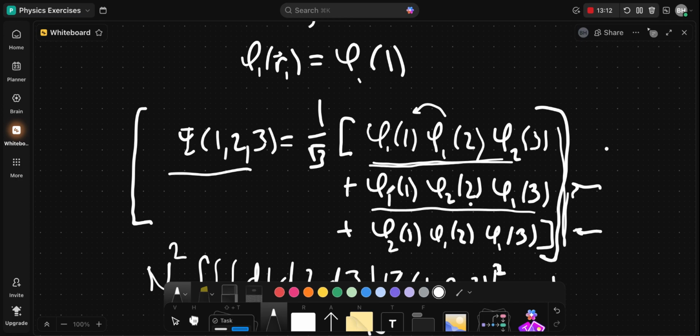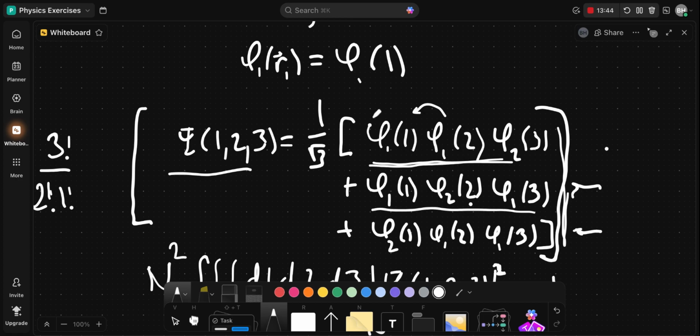The reason is that you would have 3 factorial permutations, which makes 6. But 2 of your particles are in state 1, so this needs to be divided by 2 factorial. And one of those particles is in state 2, so it also needs to be divided by 1 factorial.